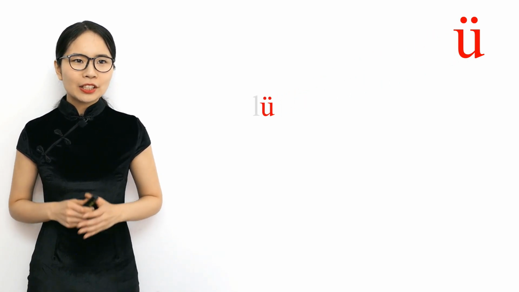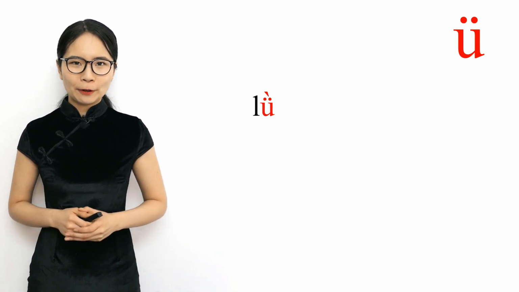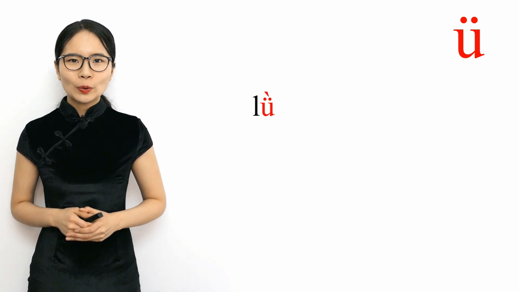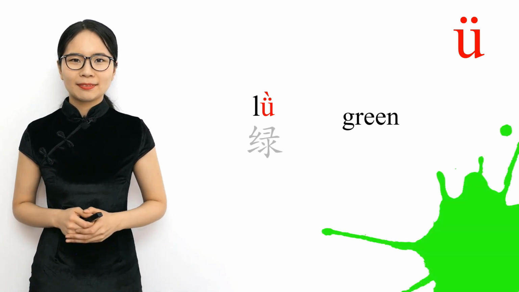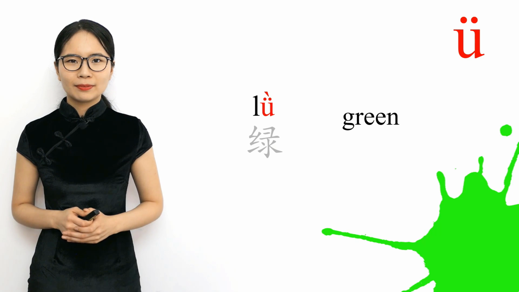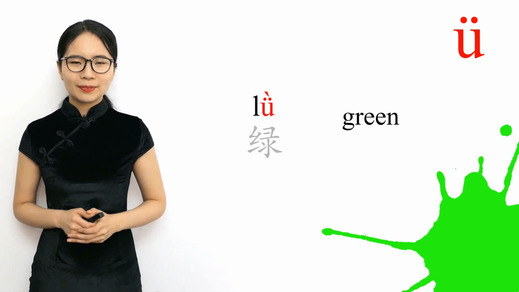Please repeat after me. U, u, u. Adding the initial l and the fourth tone, we get the word 绿, which means green. 绿, 绿.